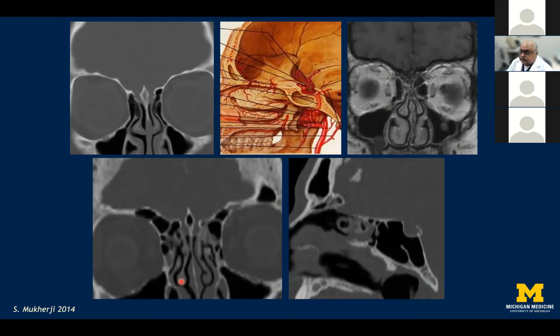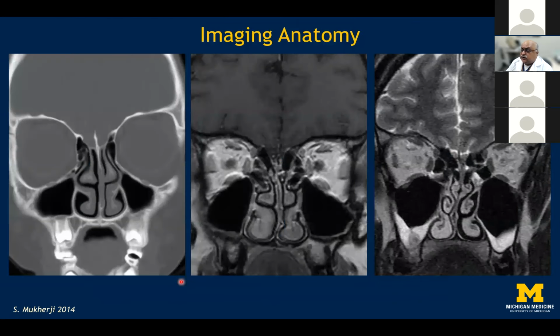Various classifications have been described in the literature to assess the depth of the olfactory groove. But then the entire imaging strategy develops on looking at both the CT as well as the MR evaluation. So here is an example of how we assess for those.